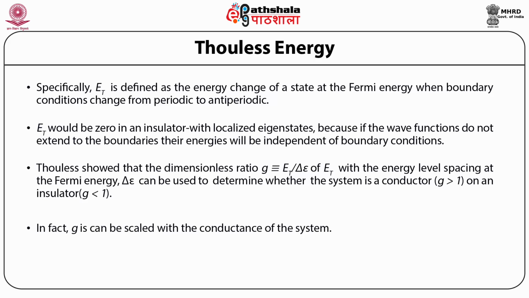So students, let us summarize what we have learnt in this module. First, quantum confinement is reached when the size of the material becomes comparable to the wavelength of the electron.